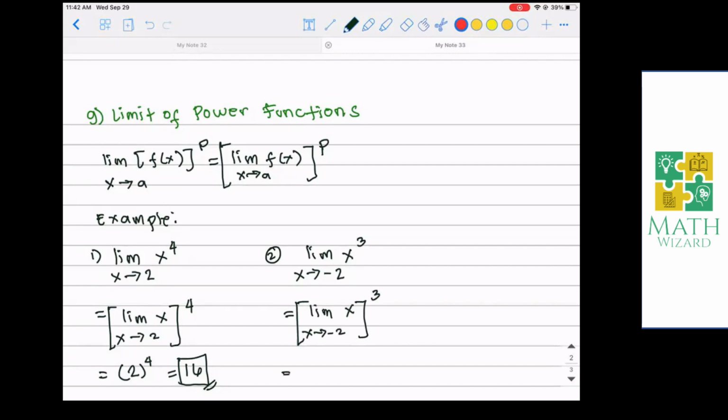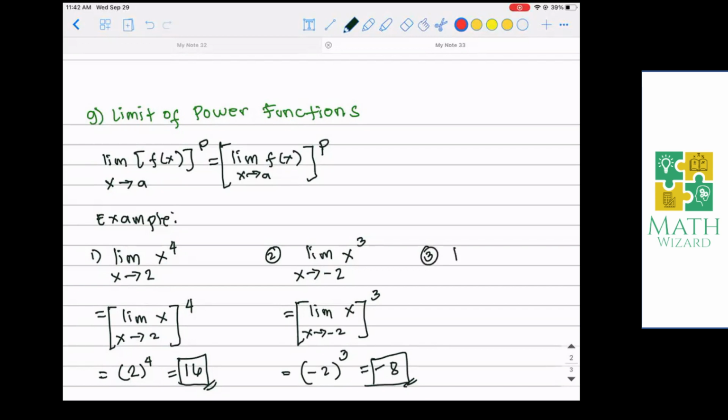So it becomes negative 2 raised to 3. So negative 2 times negative 2 is positive 4 times a negative 2, that's negative 8.